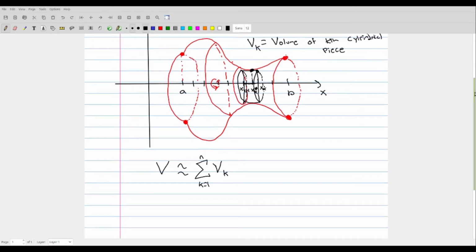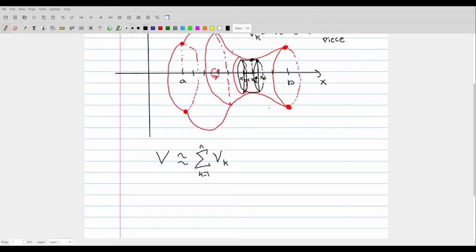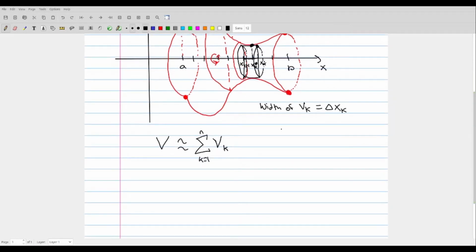So this is going to rely very heavily on our basic formula from geometry, that the volume of a cylinder is the area of the base multiplied by the height of the cylinder. The height of the kth partition cylinder, or of Vk, is equal to the width of the partition, delta xk, and the area of the base of Vk is the area of a circle.